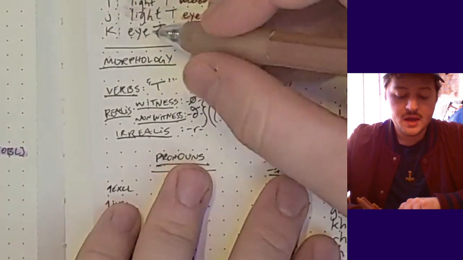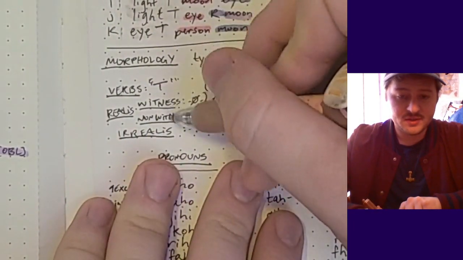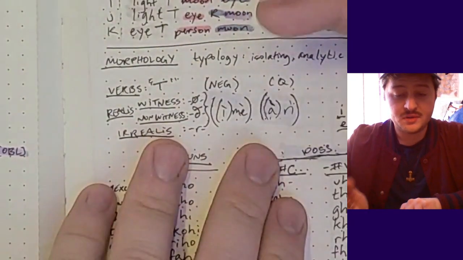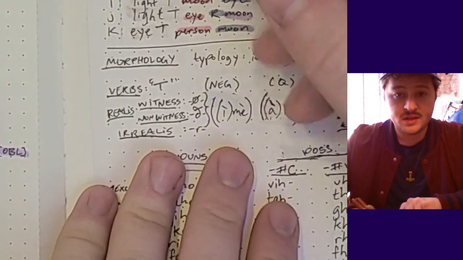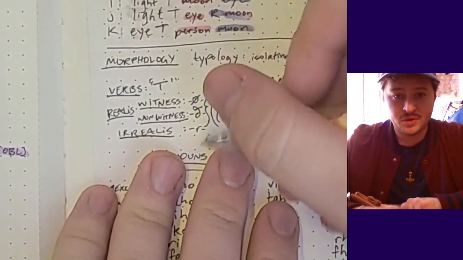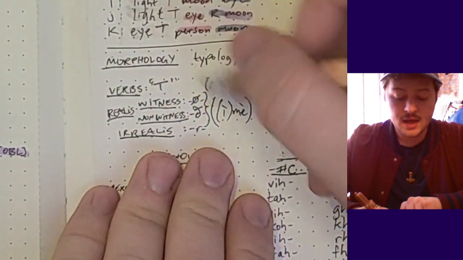The realis has evidentiality, so there are 2 evidentialities within the realis. Witness is just you have the direct evidence yourself, or it's self-evident. Like you saw it, you heard it, you know it from your gut, like you have a very clear understanding of it, or it's just common sense.